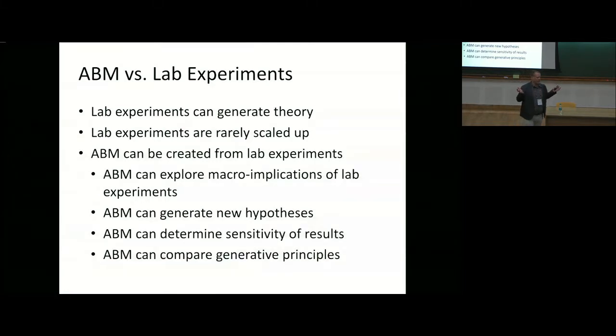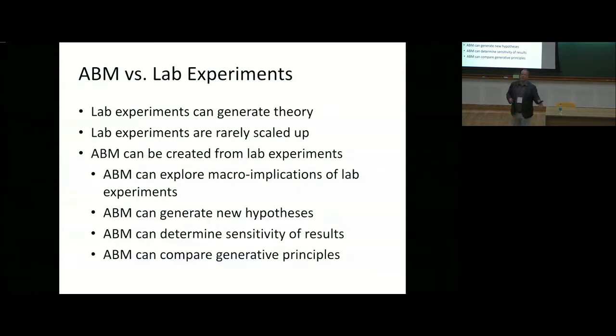They don't have a good way to test that. An agent-based model can provide us with that tool. We can say, well, if everyone operates the same way those 20 undergraduate psychology students did, who are probably not representative of the whole population, this is what would happen in the whole population. And we can then say, well, then it is representative or it isn't representative or it doesn't really work.